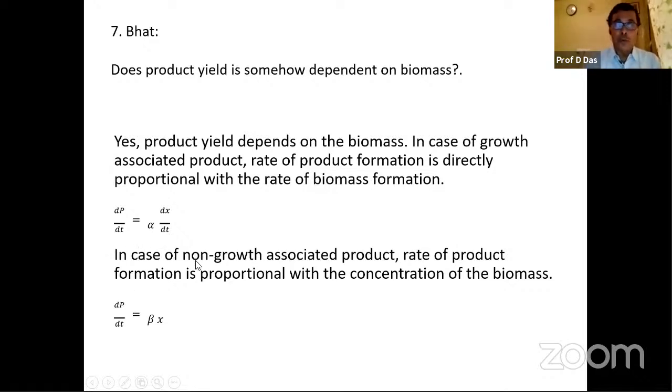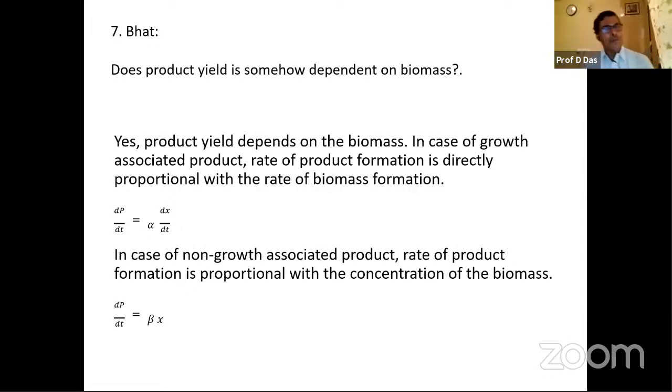But in the case of non-growth associated products, as for example citric acid, penicillin, streptomycin, the rate of product formation is proportional to X, where X is the cell mass concentration and B is the non-growth associated coefficient. Am I right?